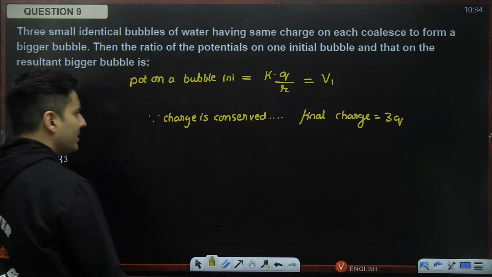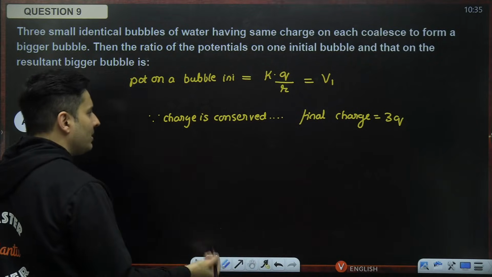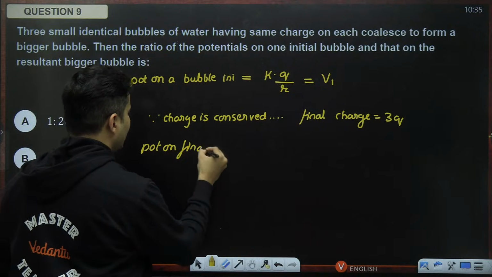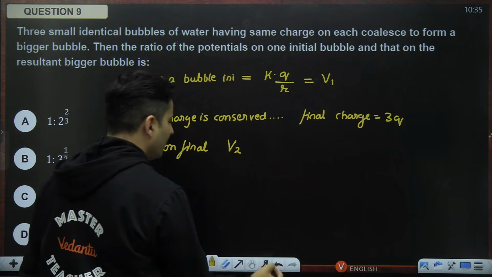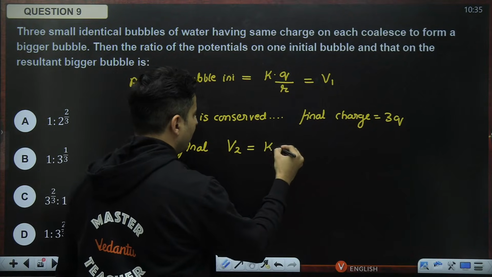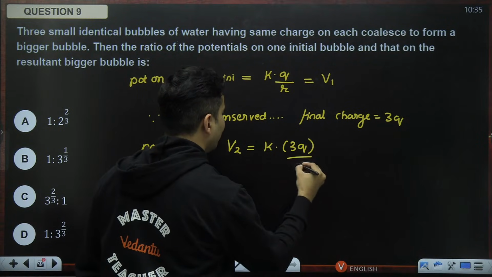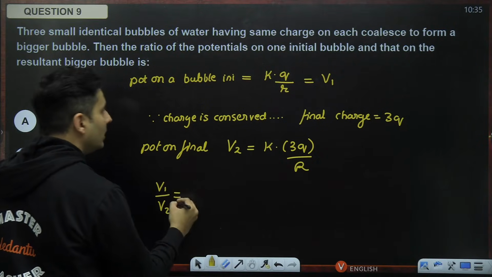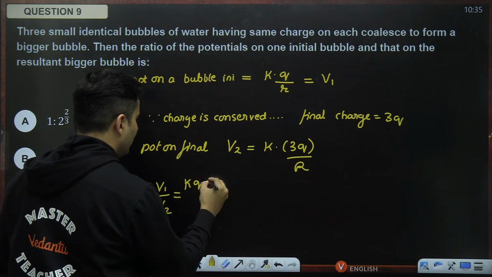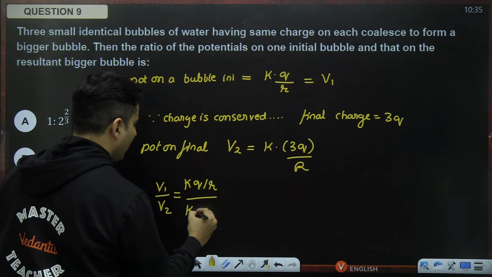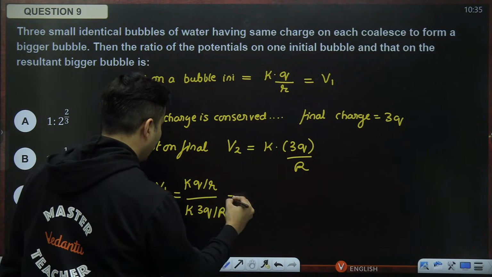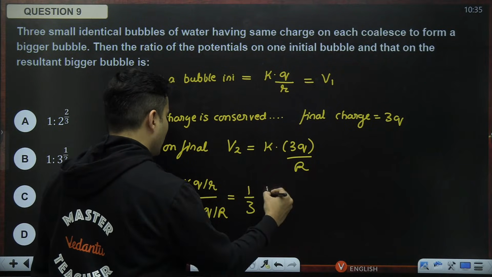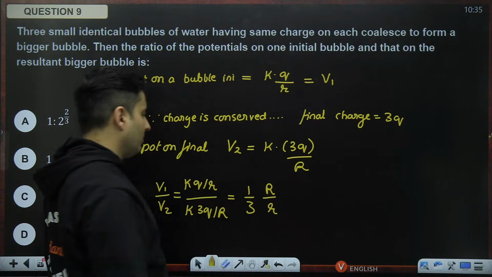Q plus Q plus Q is 3Q. Next, only problem is the radius. So the potential on the final bubble, V final or V2, will be K into charge 3Q, divided by the new radius R. So when I take the ratio V1 by V2, I'll get KQ divided by small r, and over here K 3Q divided by capital R. K and K will cancel, Q and Q will cancel. So I will get 1 by 3 over here and capital R divided by small r.